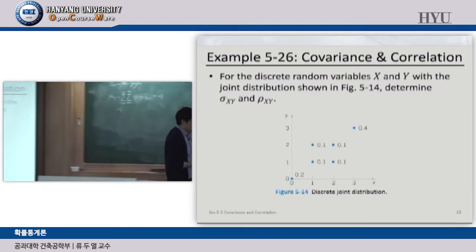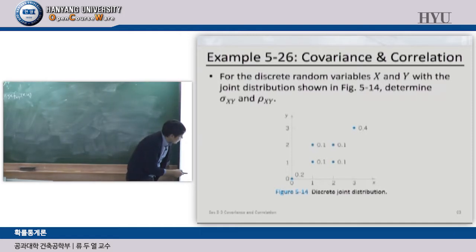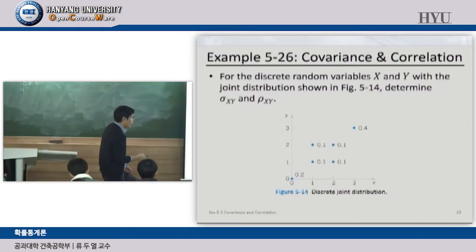And here, when x is equal to 0 and y is equal to 0, even though there is a probability here, we have to multiply 0 and this probability, so we are not going to consider the values with 0 in them.